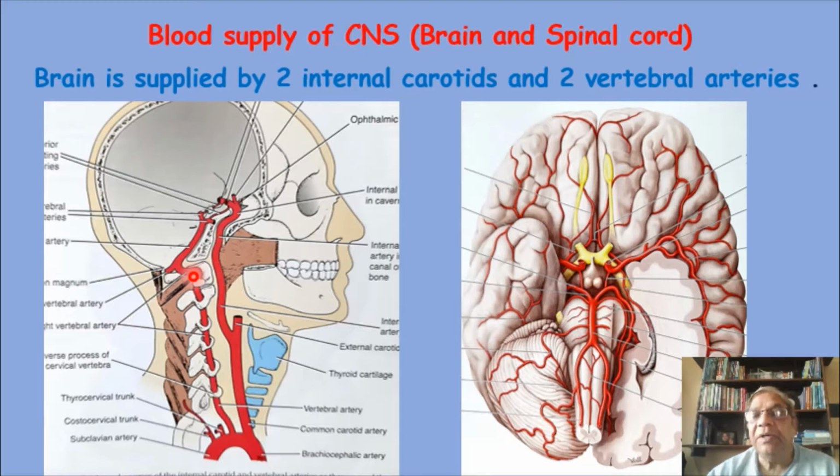So through the foramen magnum they have come to the cranial cavity, where the right and left vertebral arteries join to form what is called the basilar artery, and this basilar artery lies on the clivus, which is a sloping part of the basisphenoid bone, and then at the upper border of the pons, this basilar artery divides into two terminal branches, right and left posterior cerebral arteries.